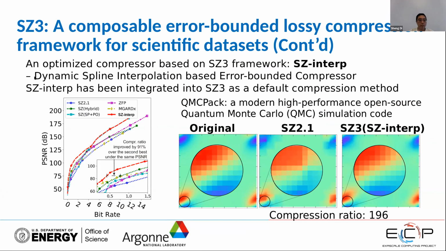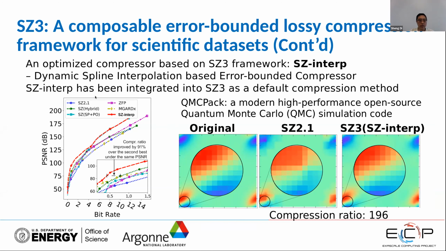Basically, we replaced the previous predictor used by SZ2 with another more effective predictor, which is called dynamic spline interpolation.